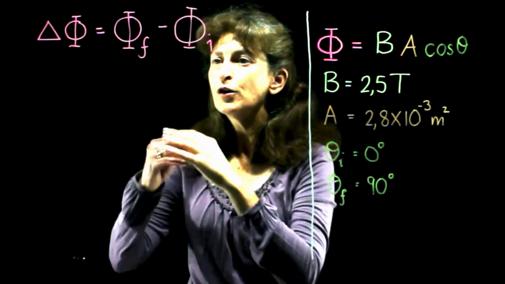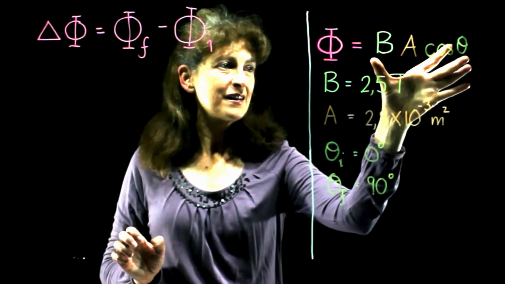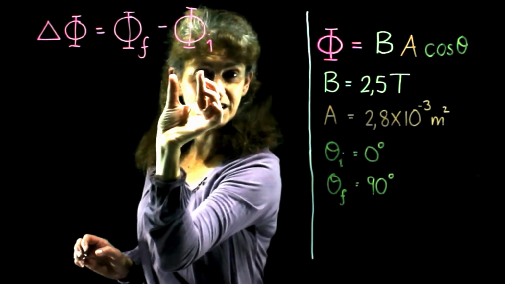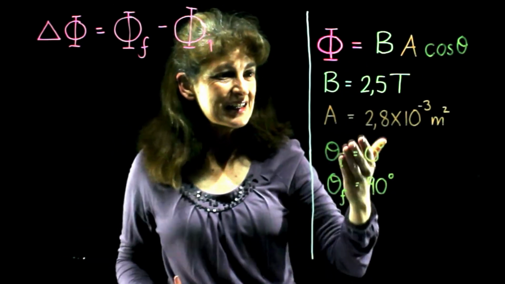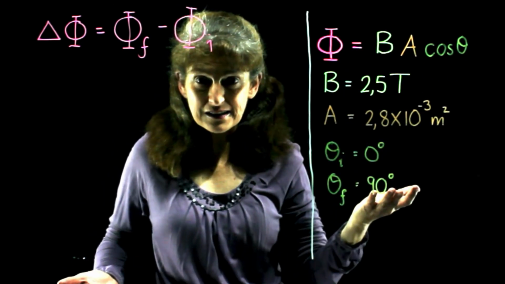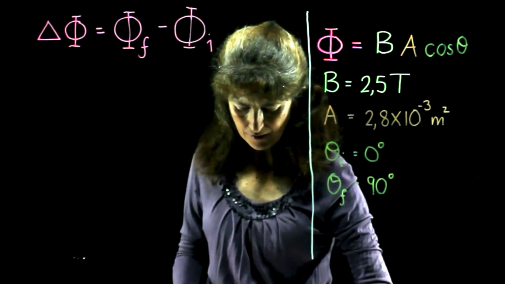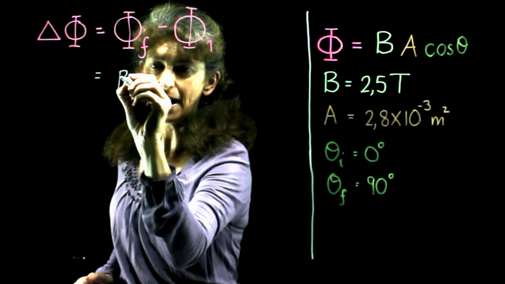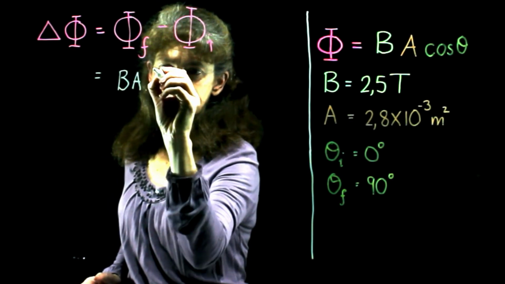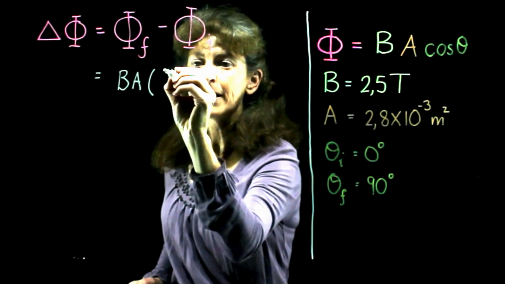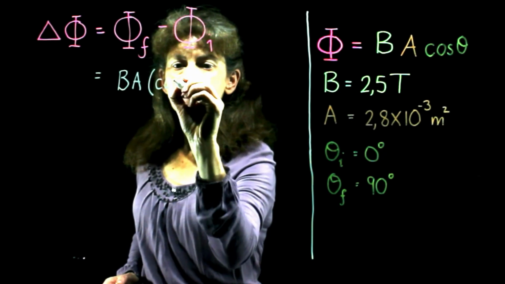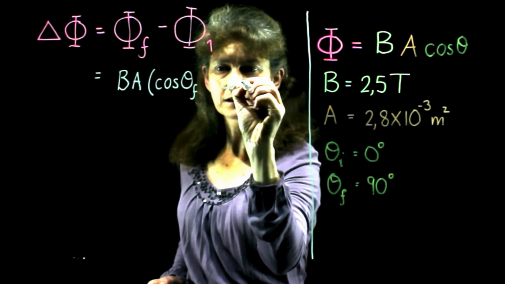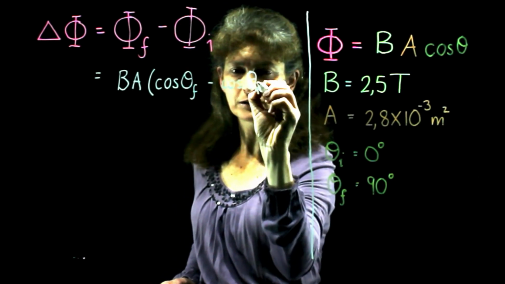So, of course, we could write this as all of this for the final minus all of this for the initial. But since B and A are constant, we can simplify this and simply write that that is equal to BA, which remains constant, multiplied by cos theta final minus cos theta initial.